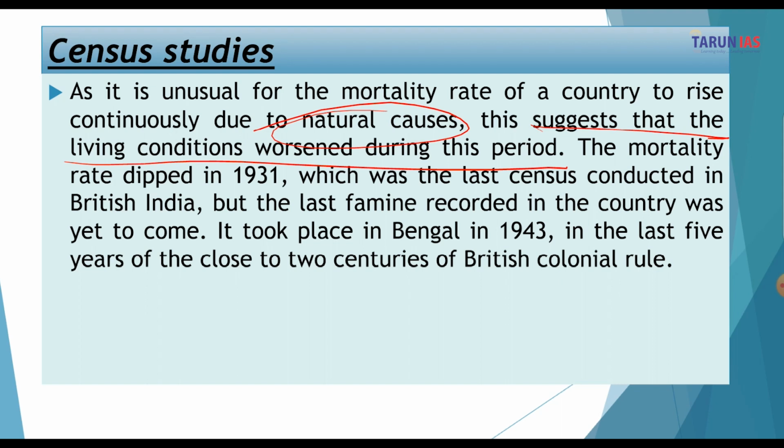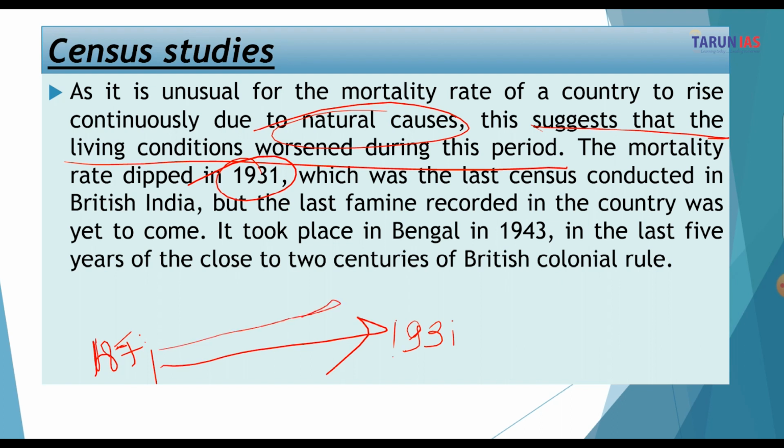The mortality rate started to dip in the year 1931, which was the last census to be conducted in British India. So, if we consider the first census, that is 1871, to the last census that was conducted in 1931, then there was a steady rise, and then it dipped in the year 1931.